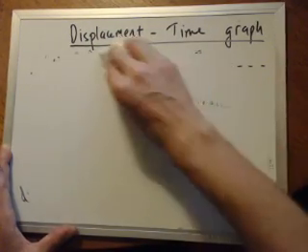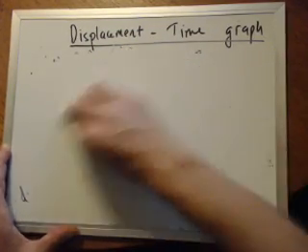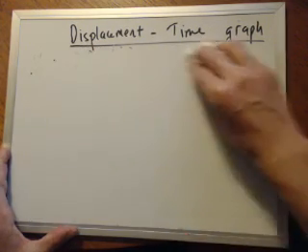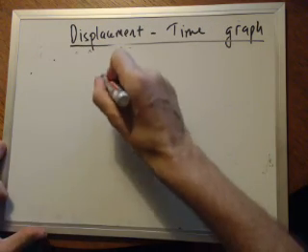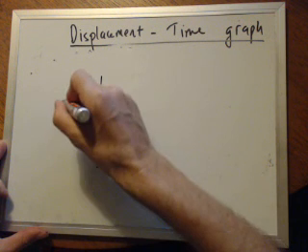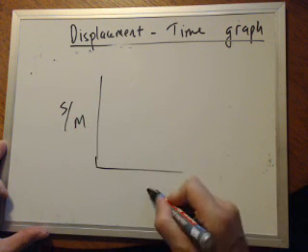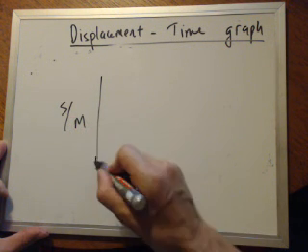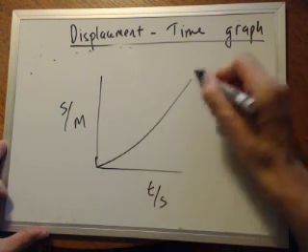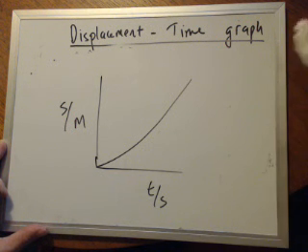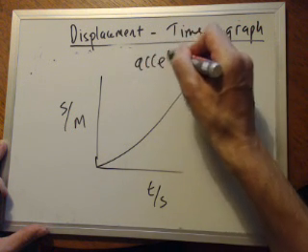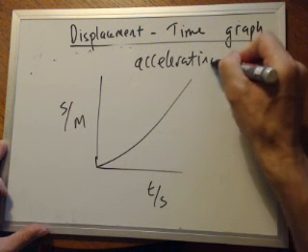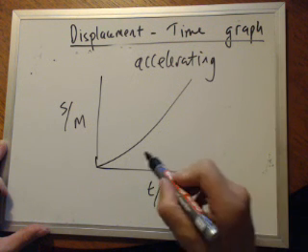Now, the gradient of the displacement time graph is the velocity. Let's say we have displacement in meters against time in seconds. If we have a curve like that, you will find here it is accelerating, meaning that the velocity is increasing.